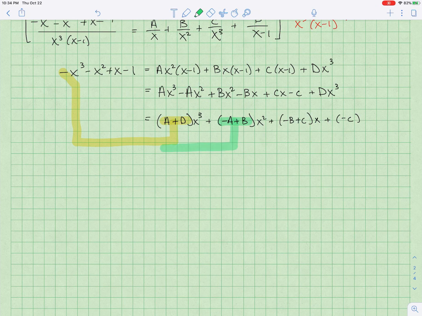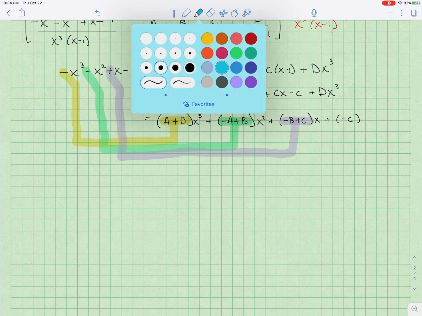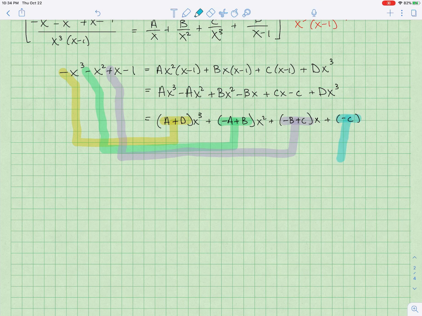Negative a plus b is also negative 1. Negative b plus c is positive 1. And negative c is equal to negative 1.